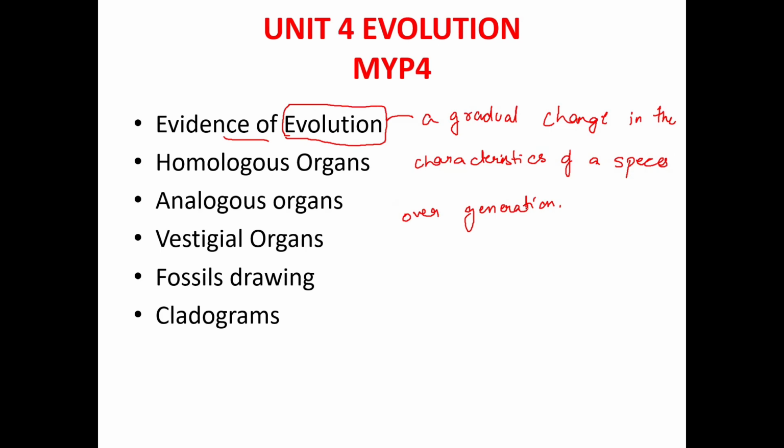These changes happen through processes like mutation. We already discussed what mutation is. So mutation, natural selection, and survival of the fittest are the topics covered in our previous class.